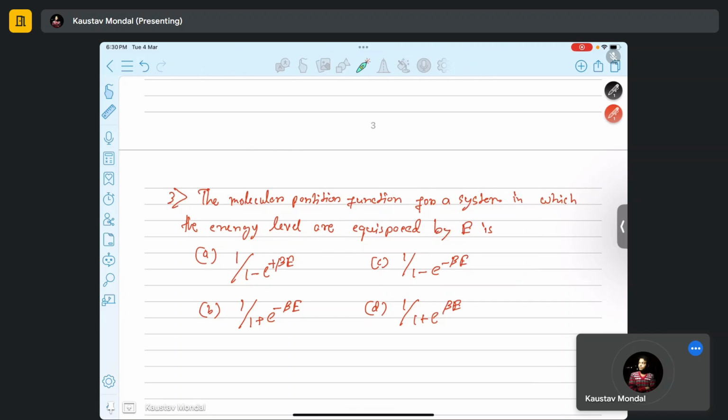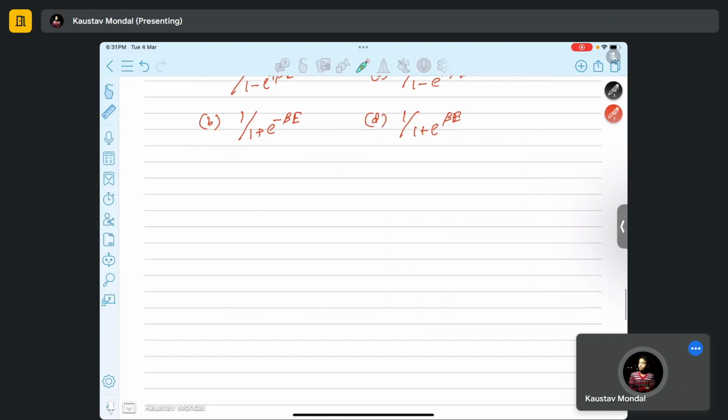So what is a partition function? In the last lecture we discussed that the partition function is a very important statistical quantity, right? Let me write it here.